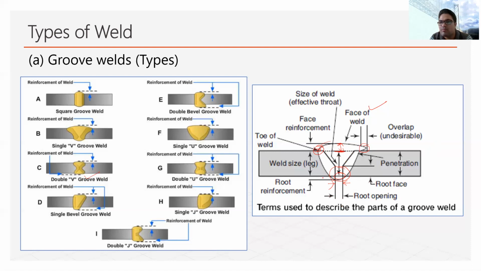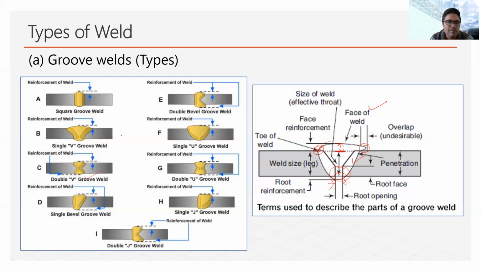In that case, it will be fully penetrated. And if there is a root like this, or a single groove weld, those are called partially penetrated. It is assumed that in the root part, welding may not take place properly. So those are called partially penetrated welds.